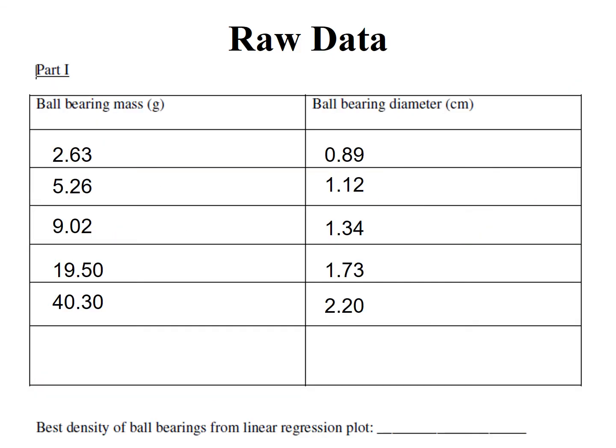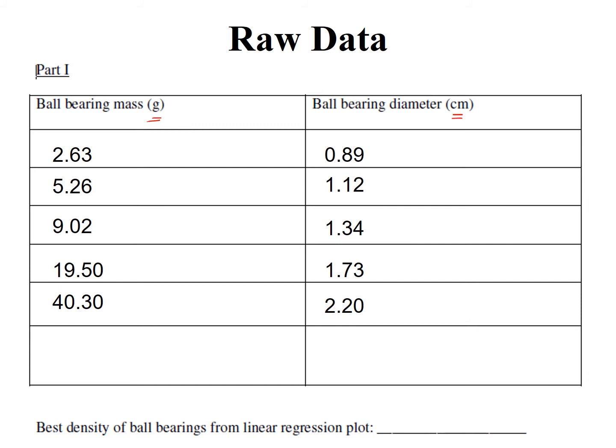Shown here are the data that you're going to use for the first part of this experiment. The mass is given in grams, while the length of the ball bearing is given in centimeters.